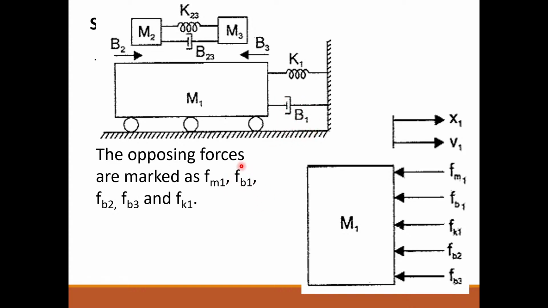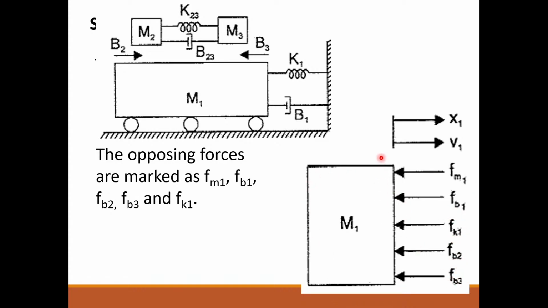And above this M1, there is B2 and B3. One of the opposing forces is due to the frictional element B2, so FB2, and B3 is also there, so FB3 is another opposing force. So at mass M1, there is no applied force. Only opposing forces exist here. The opposing forces are FM1, FB1, FK1, FB2, and FB3.